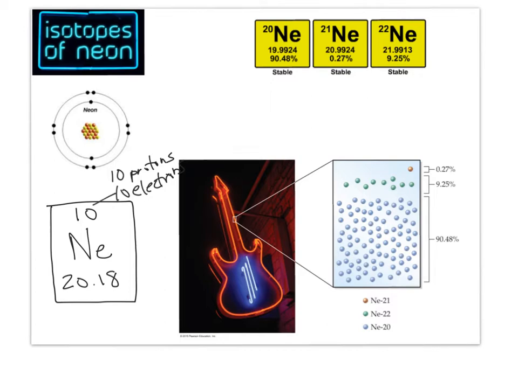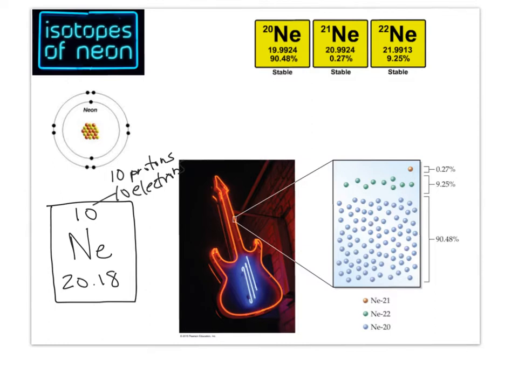Neon will always have 10 protons in its atom. However, there are different versions of neon that have different numbers of neutrons. That is why when you look at the atomic mass of any of the elements on a periodic table, it is going to be an average of all of the neon atoms and their different numbers of neutrons.